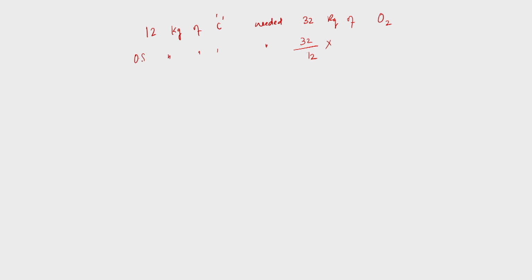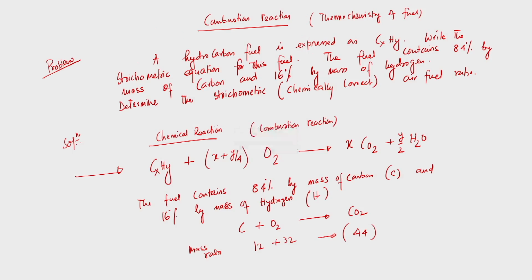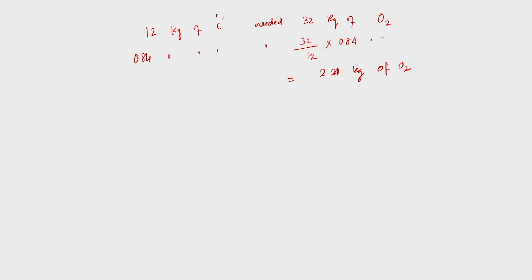This comes out to 2.24 kg of oxygen required. That means 0.84 kg of carbon needs 2.24 kg of oxygen to convert all the carbon atoms into carbon dioxide.